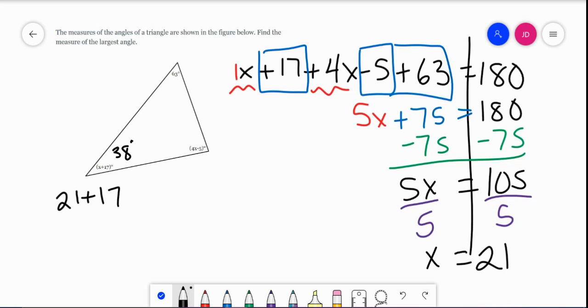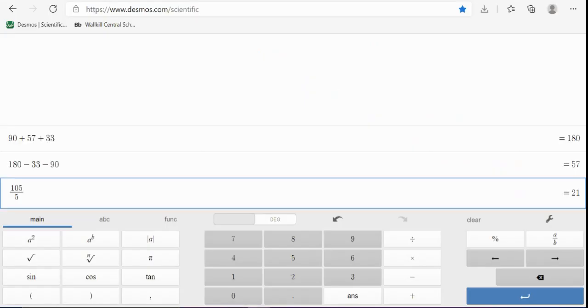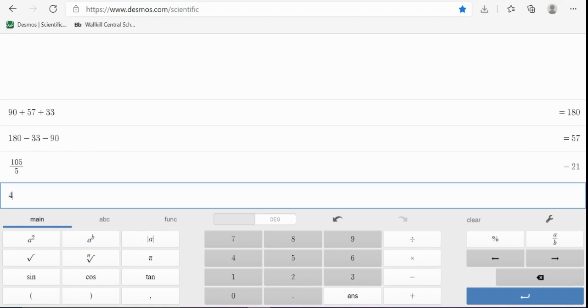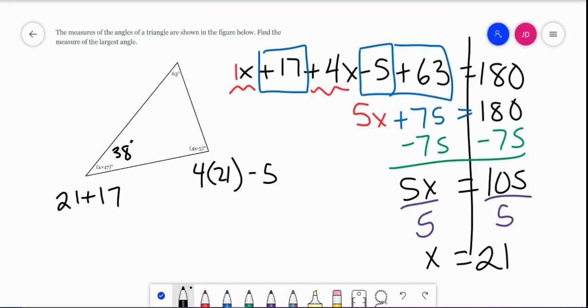That's not the largest. All right, and then we have to plug in this one. 4 times 21 minus 5. My bet is going to be this one. 4 times 21 minus 5. That is 79 degrees. So this is the largest angle?